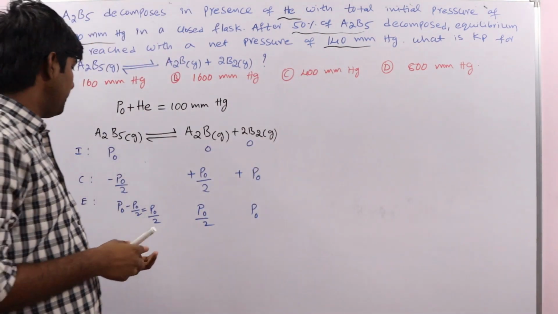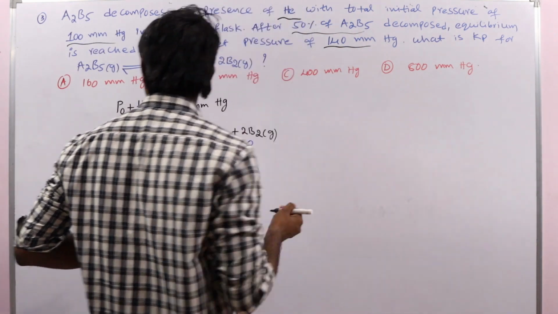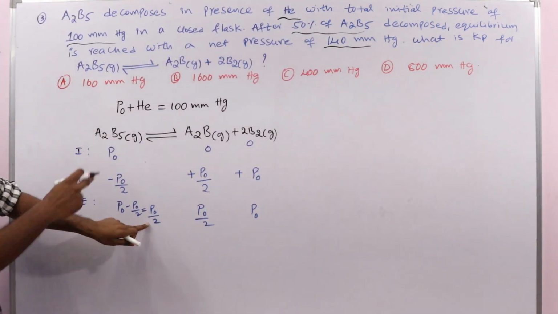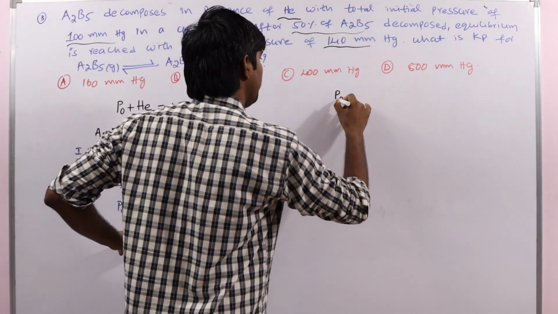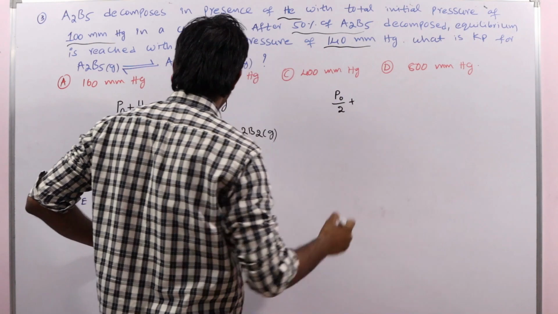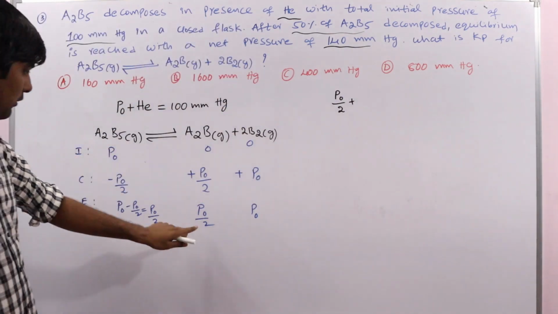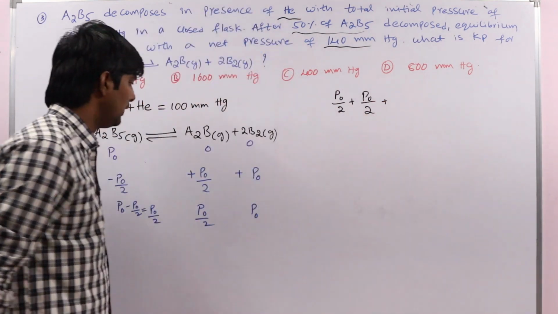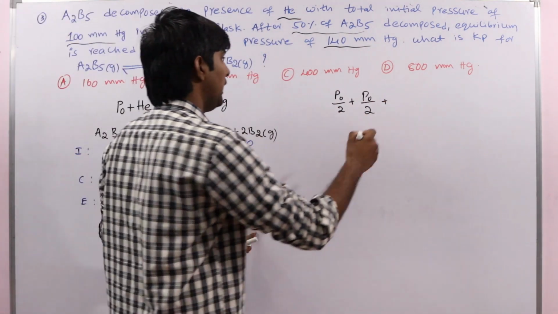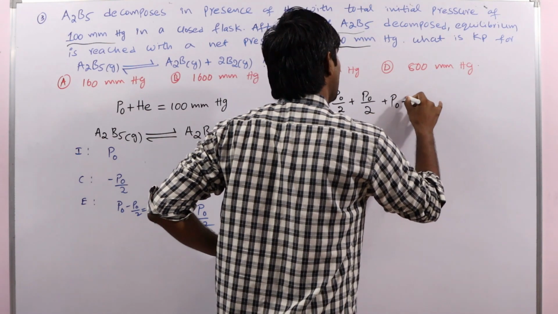At equilibrium, what are the species present now? Total pressure of A2B5, how much? P naught by 2, plus this is also present at equilibrium with a pressure of P naught by 2. And here B2 is also present at a partial pressure of P naught.